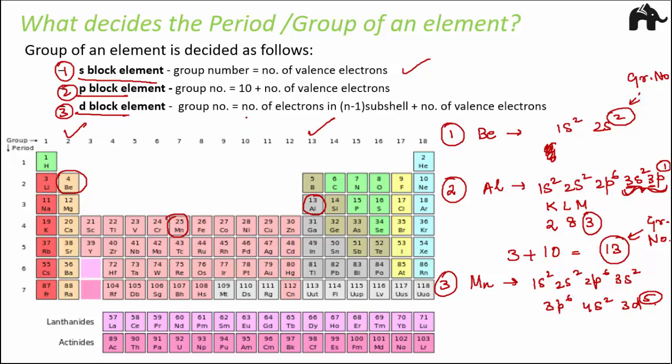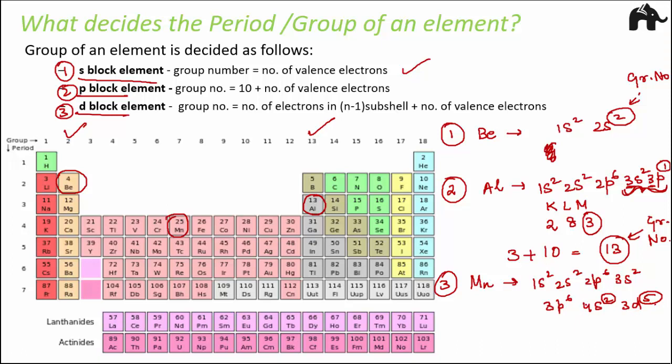For a d block element, the group number is equal to the number of electrons in the (n-1) subshell plus the number of valence electrons. This is the electronic configuration of manganese. We see that the last electrons enter into these shells, 4s2 and 3d5.